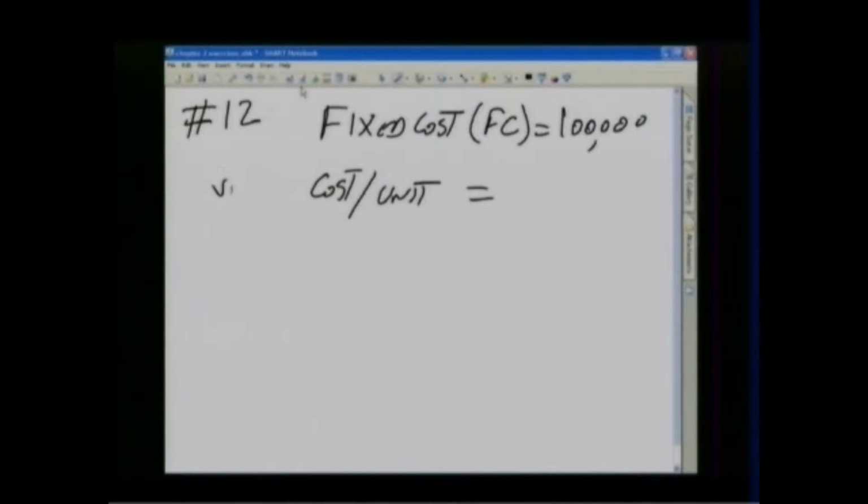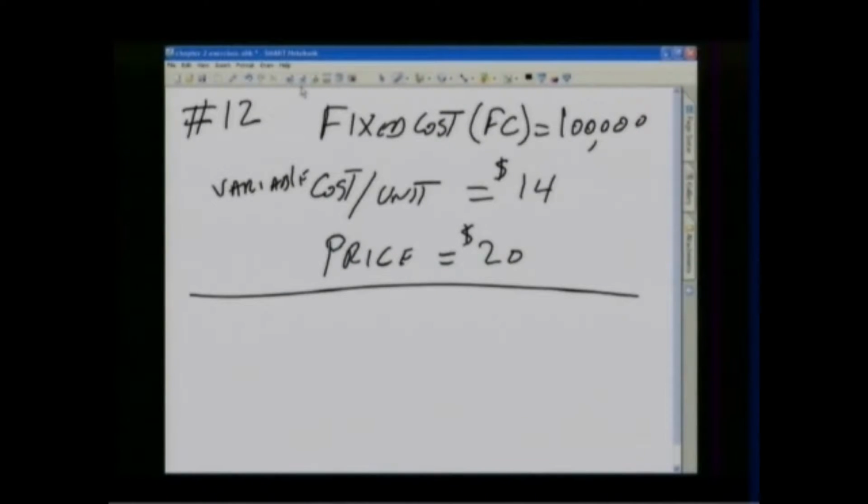Basically, this is the variable cost per unit equal to $14, and you have a price equal to $20 per unit.